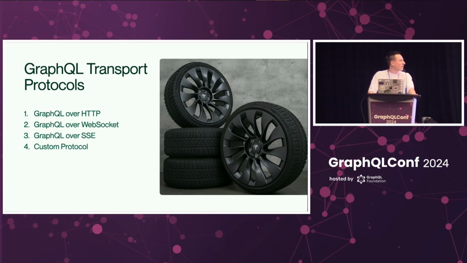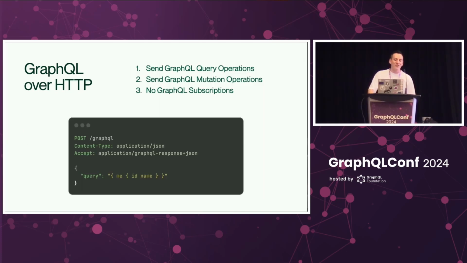But then we also have GraphQL over WebSocket, GraphQL over SSE, and at least some here are probably also using their own custom protocol, because GraphQL over HTTP does only allow us to send query and mutation operations. It does not define executing subscription operations.